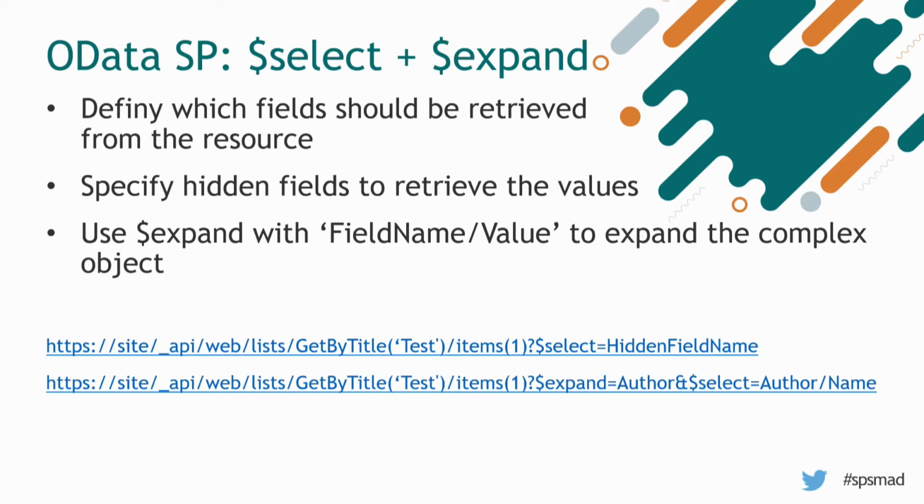OK, as I said before, maybe I don't want to get the information about the whole list item. Maybe I would like to get the information only about the title. I don't care about 100 other fields available there. I just want to get this single field. And we can do it with select, right? We can tell SharePoint that, hey, I don't want to get the information about all the properties available in the list item. I just want to get the title of the list item.